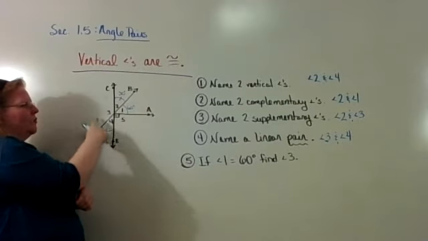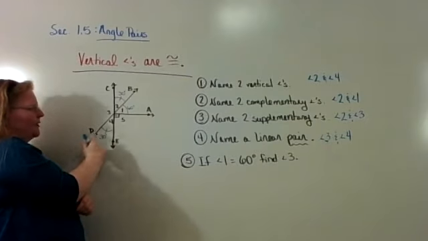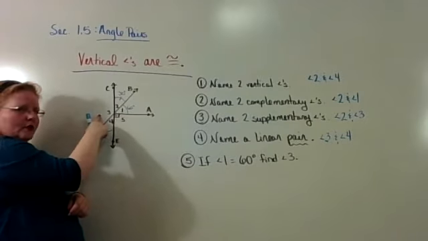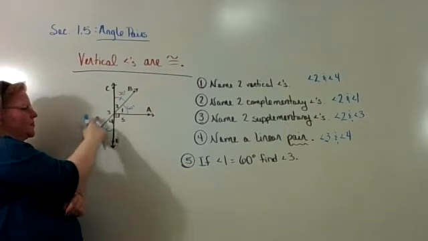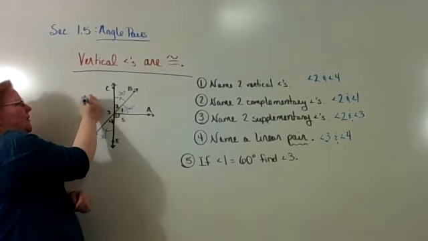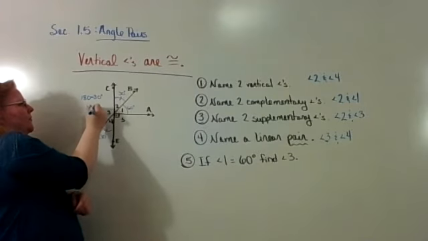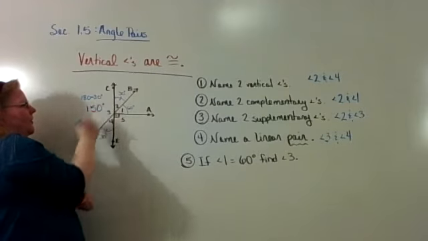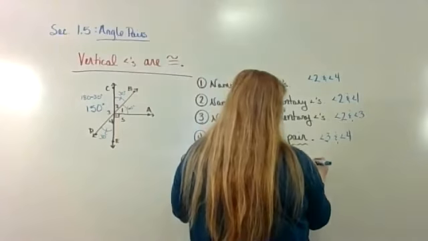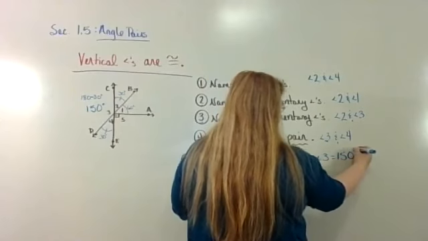So it doesn't matter which way I do it, because this one's 30 degrees. Doesn't matter whether I do it this way, with those two equaling 180, or this way with these two equaling 180. Either way, 180 minus that 30 degrees gives me 150 degrees for angle 3. The measure of angle 3 equals 150 degrees.